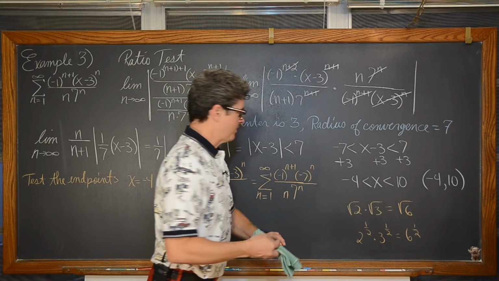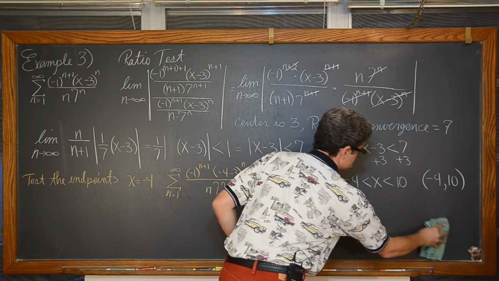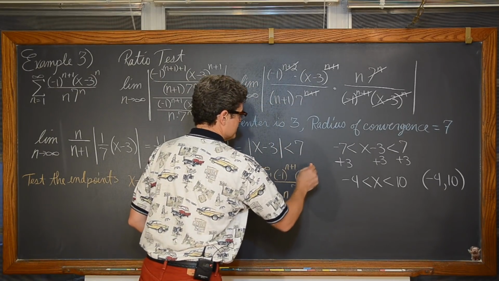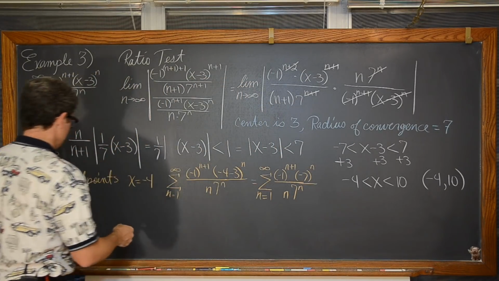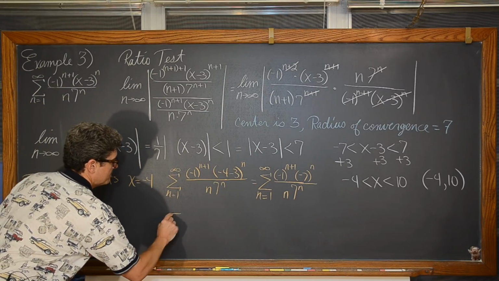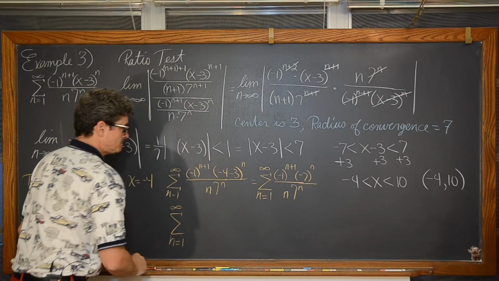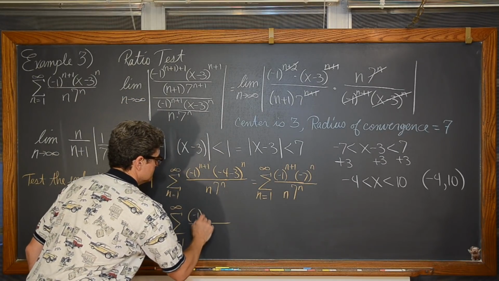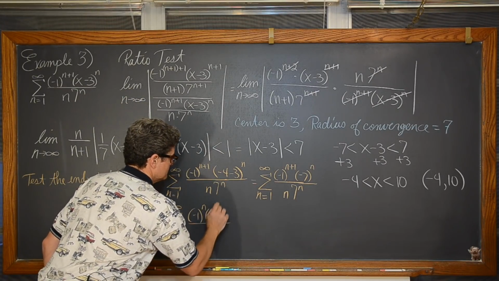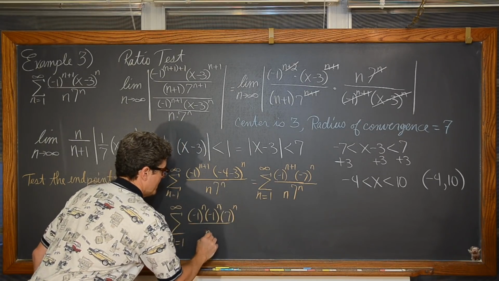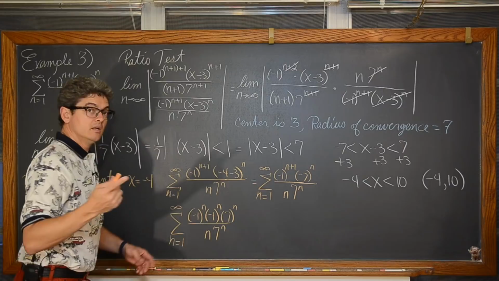But I'm just pointing it out to validate for you here that I can take the -7 to the n power and write it like this. Basically, just factor it. So we have -1 to the n times 7 to the n over n times 7 to the n. Well, check this out.